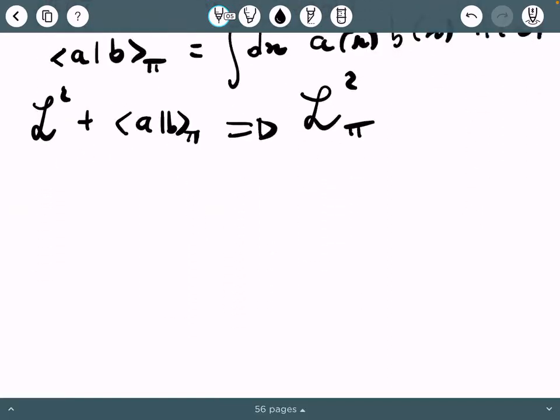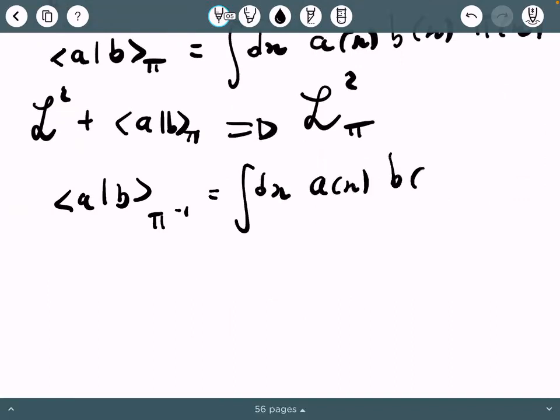I also define another inner product, and not surprisingly, it's the inner product in which I take these 2 functions and I divide them by the Boltzmann distribution.